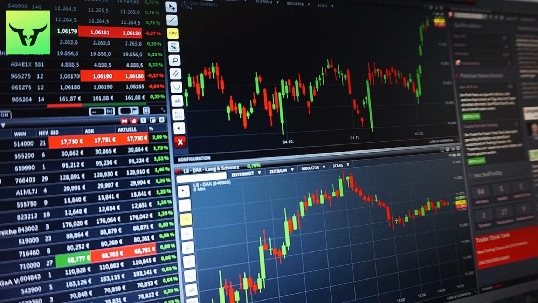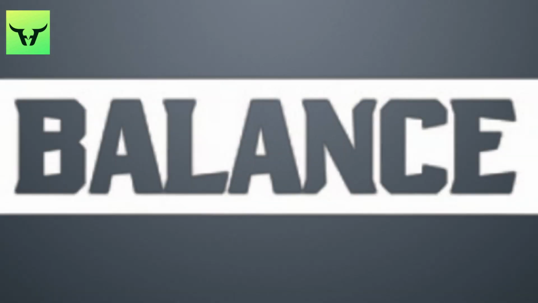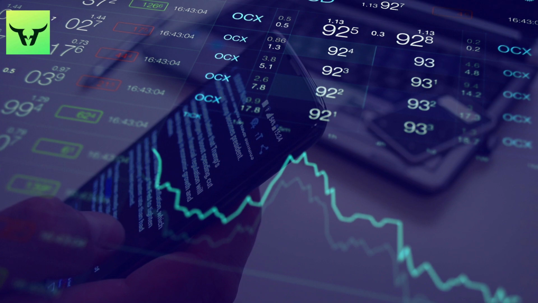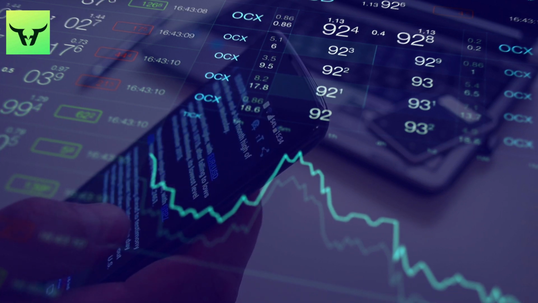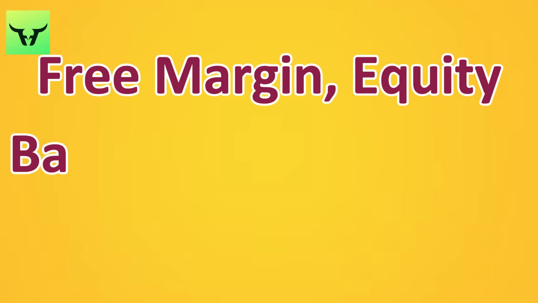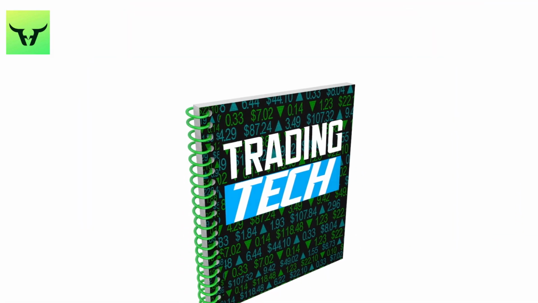Your used margin becomes released. Your floating loss is realized. Your balance will be changed to reflect the realized loss. Your account goes flat when there are no open positions. As a result, your free margin, equity, and balance remain the same. There is no margin level or floating PL because there are no open positions.